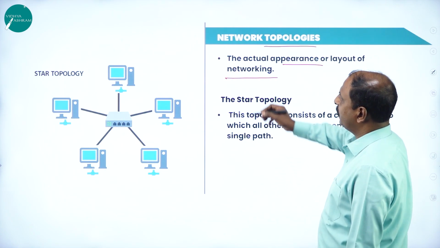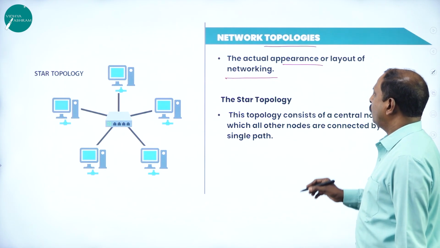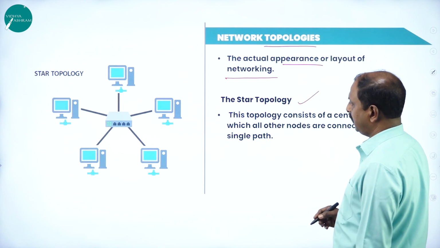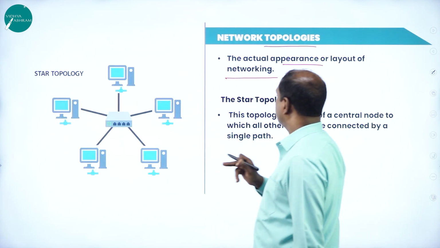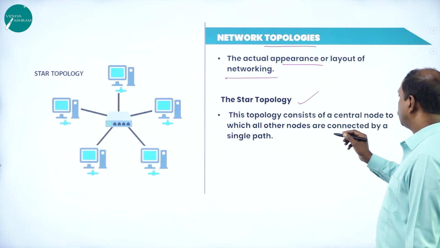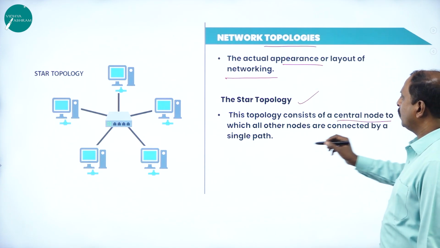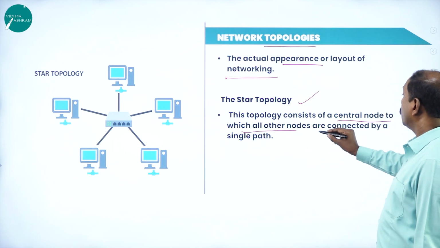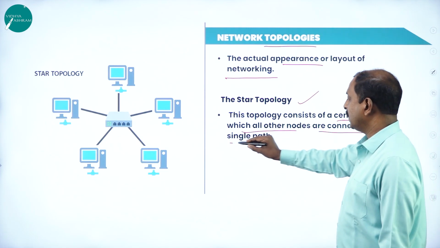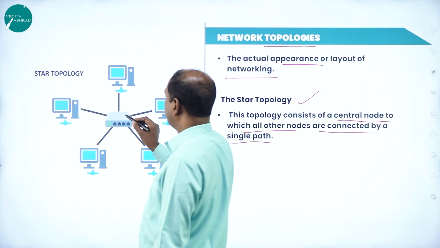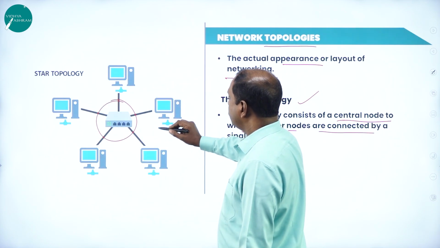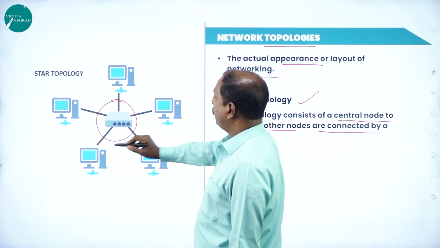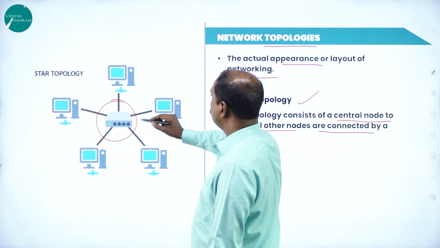Next, we have different types of topology. The first one is star topology. Look at the schematic diagram here. This is an example of a star topology. This topology consists of a central node to which all other nodes are connected by a single path. This is the central node here, and all other computers or peripherals are connected to it through a single path.